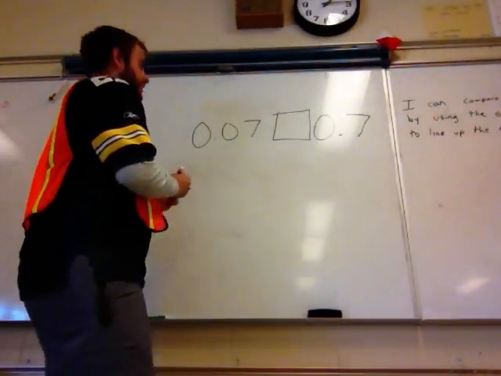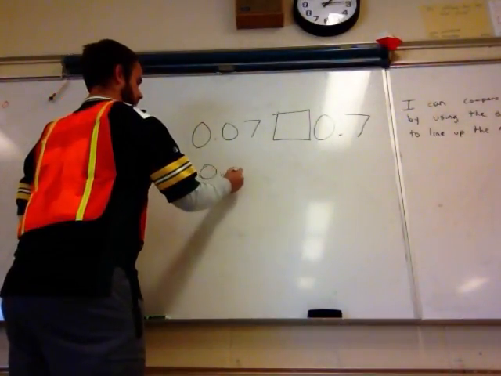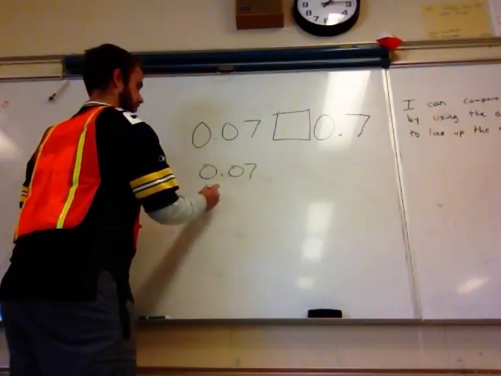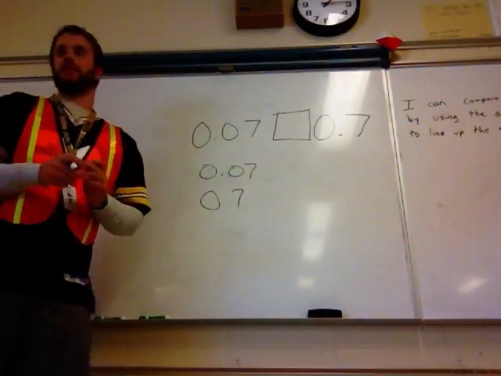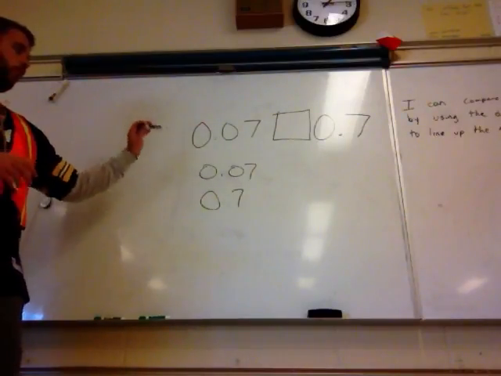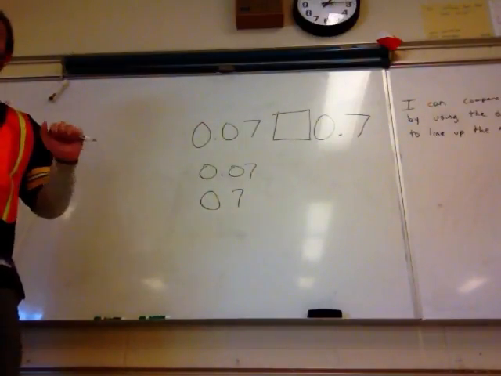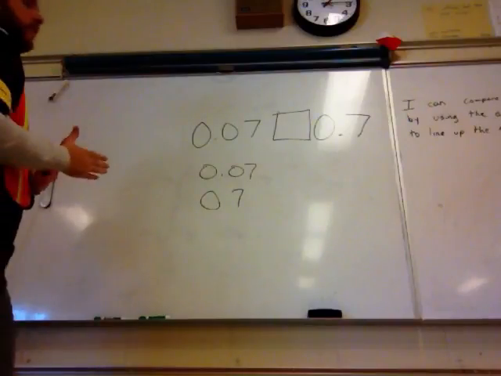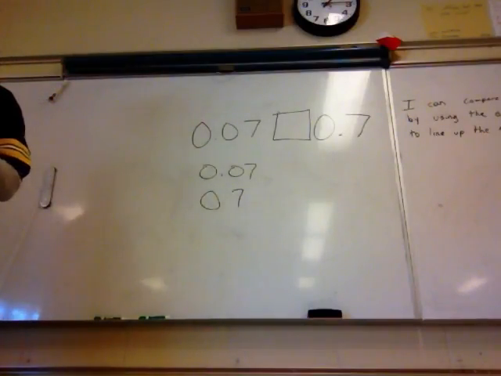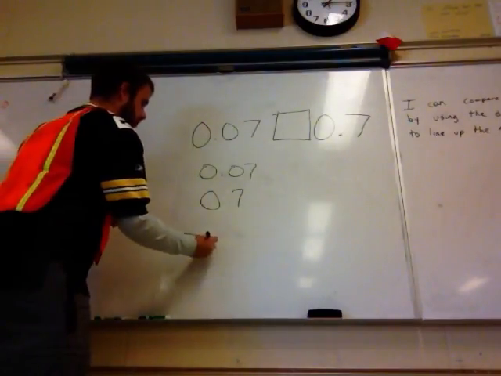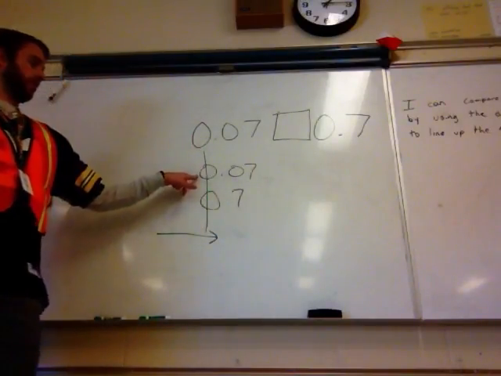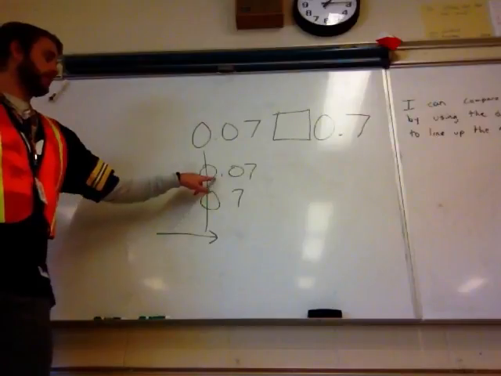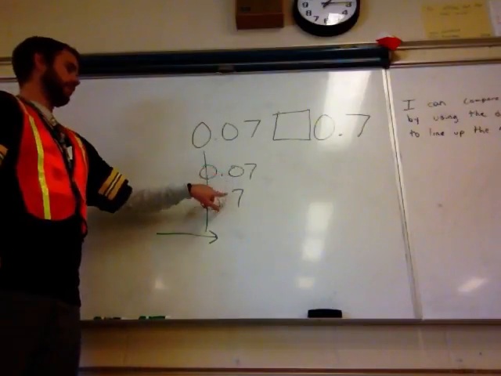Guys, when you're lining these up, go like what Mr. Adamson says. Go one digit at a time. Start at the very far left, like we're reading a book. Go through these. Tie. Tie. Decimal tie. 0, 7.